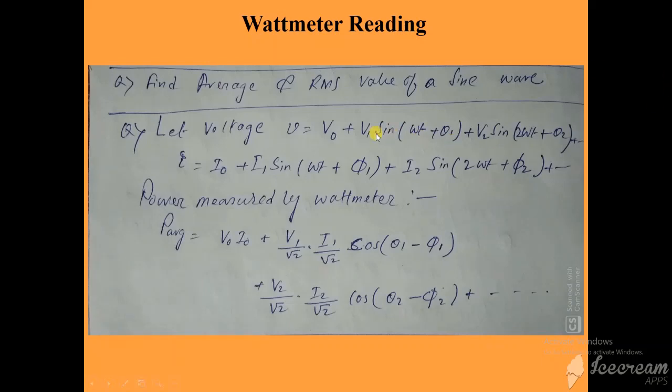So we have to do the averaging over one complete cycle. So if you multiply this term with this term and take the average over one complete cycle, then it will be 0, because it will be again integration of 1 by T from 0 to T of a sine function. A sine function integrated over a complete cycle is 0, right?